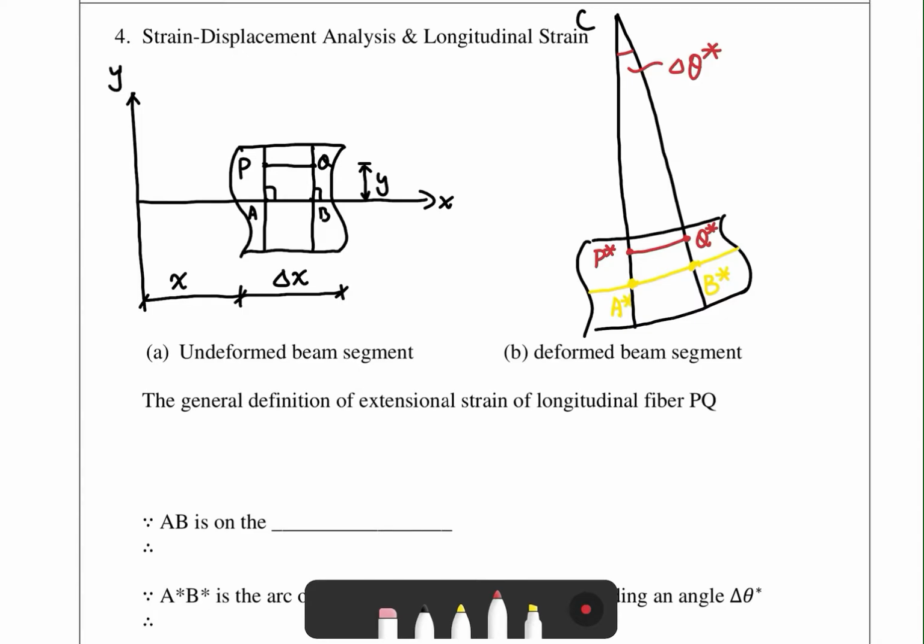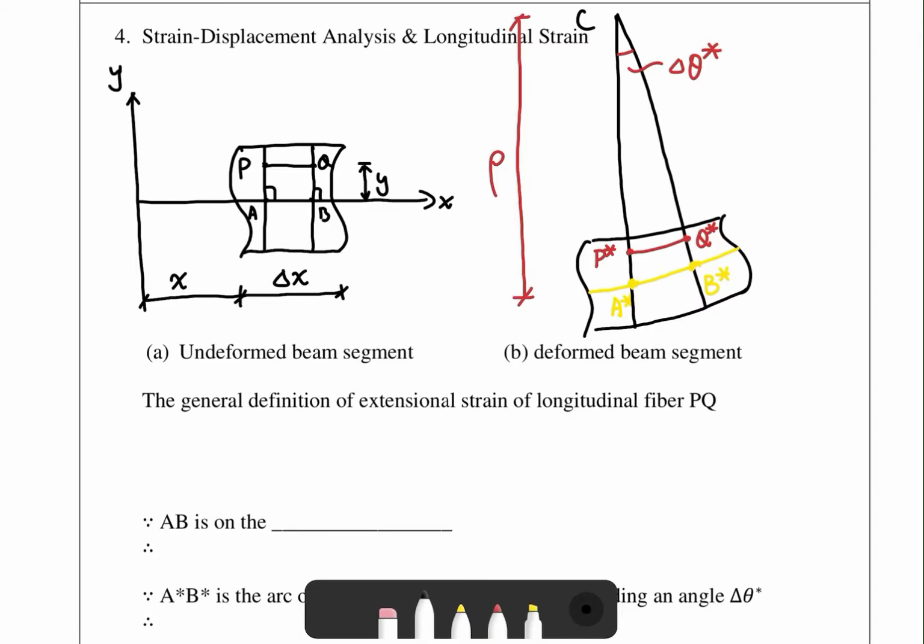Now, one more thing. From here to the neutral axis, that's the radius. Let's use rho here. This is a different rho definition from the torque, but anyway, let's keep moving.